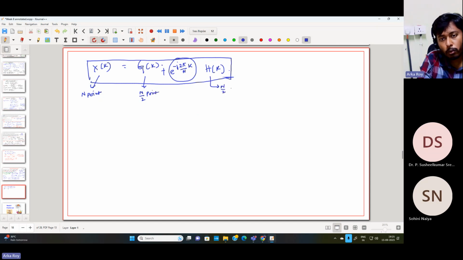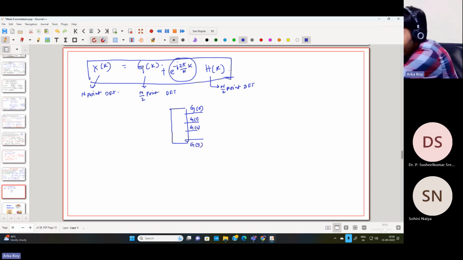So this is n by 2. I can write G0, G1, G2, and G3.